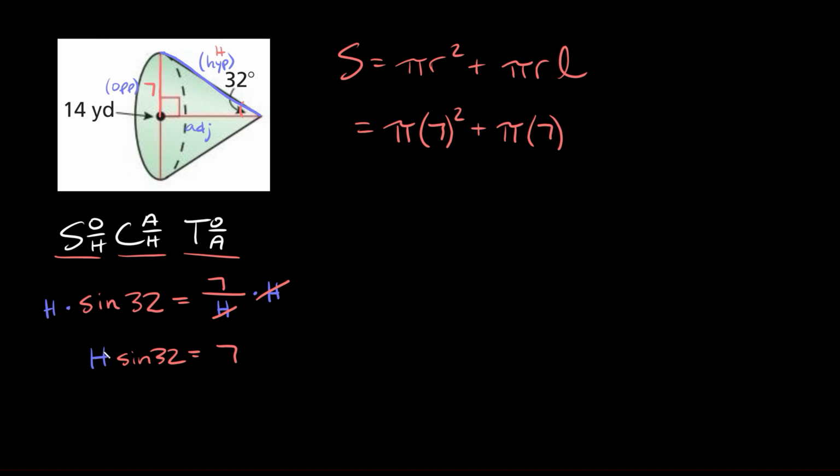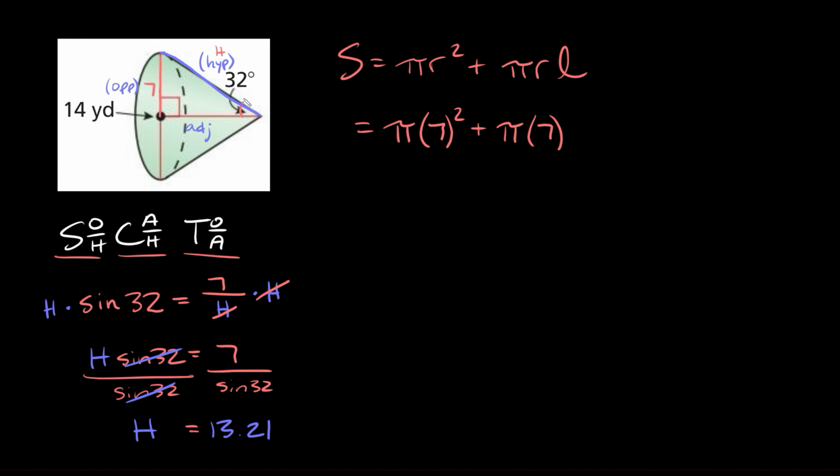Now to solve for h, we get rid of the sine of 32 by dividing by the sine of 32 on both sides. On this side they cancel, and we're left with just h. So h is equal to 7 divided by the sine of 32, which is approximately 13.21. This is the length of the hypotenuse.